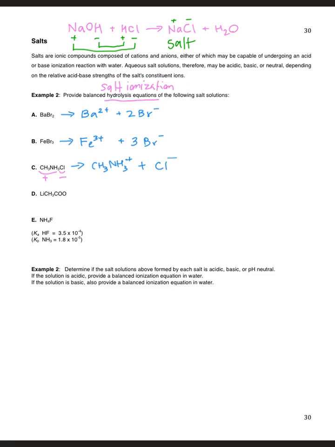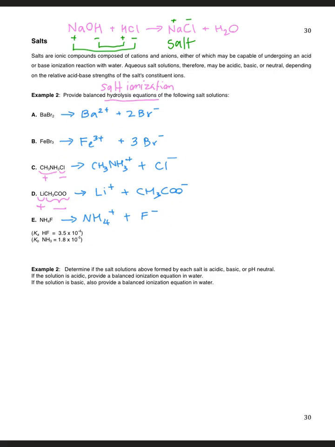We know for sure that the cation is written first, and we know that lithium is positive, so this would be the cation part. So the rest of this would be the anion part. So the product of this salt hydrolysis would be... Last salt, the hydrolysis equation would be... Note that the hydrolysis equation of the salt needs to contain cations and anions.